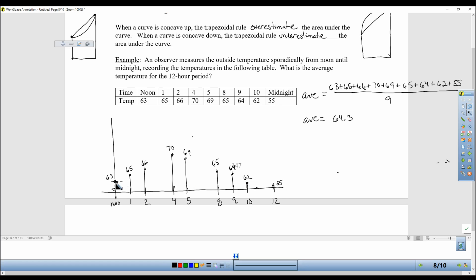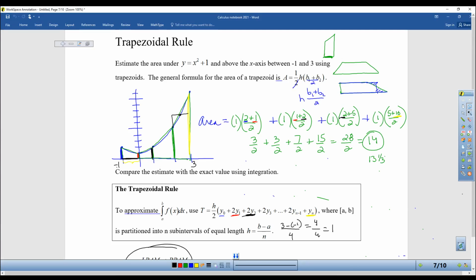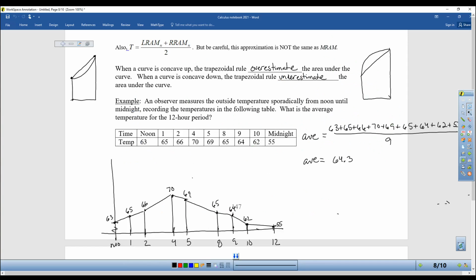You actually can't use the formula that I just spent a few minutes teaching you how it works. So this formula only works when you have equal length intervals, like we did for this first one. This one does not have equal length intervals. So you're actually going to have to do every single trapezoid separately.